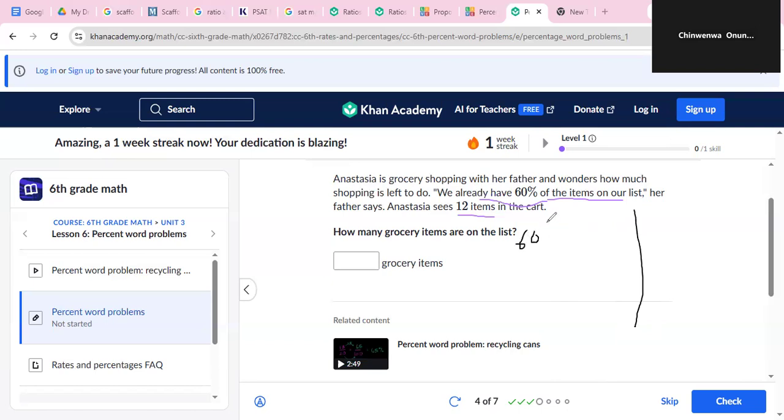Let's do word: 60% of n is 12. You can either treat percent as a word to math conversion problem or as a proportion problem.